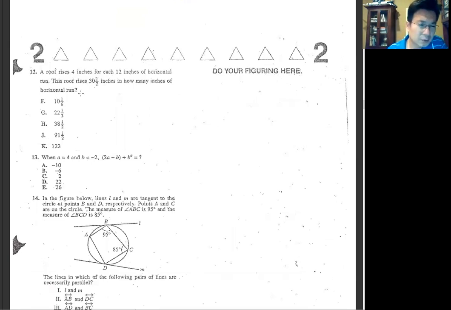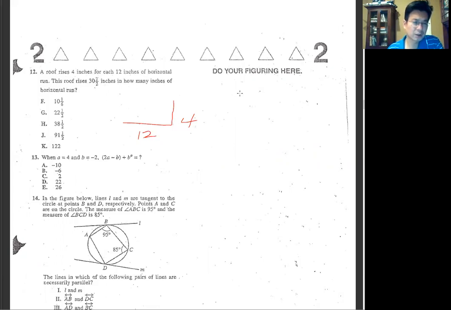A roof rises 4 inches for each 12 inches of horizontal run. So 12 inches and 4 inches, 12 and 4. If the roof rises this much, how many inches is the horizontal run? So it's a ratio.